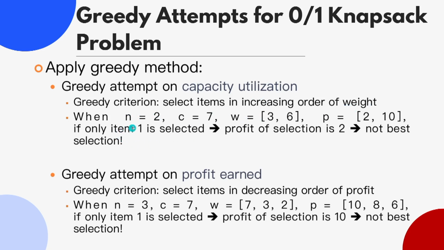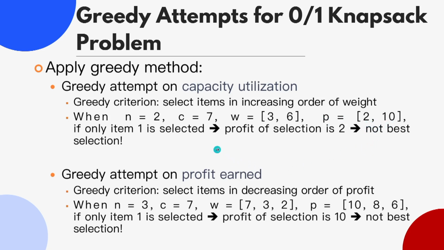Let us assume that we have 2 items, so n is equal to 2, and the capacity of the knapsack is 7. The item weights are 3 and 6, and the associated profits are 2 and 10, which means the first item's profit is 2 and the second item's profit is 10.